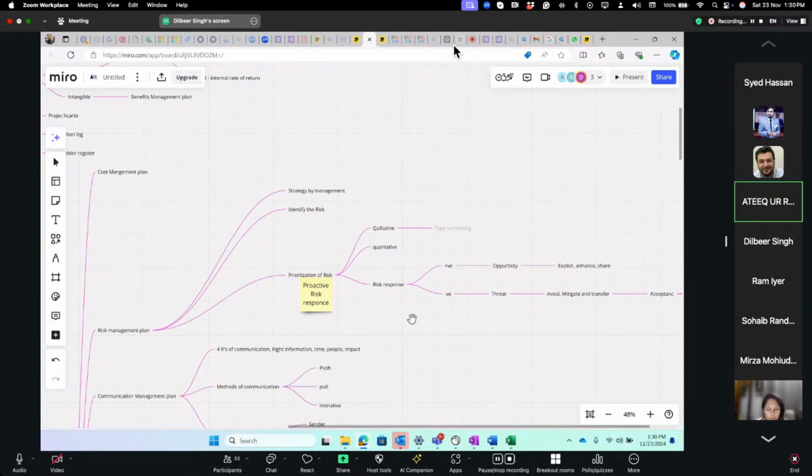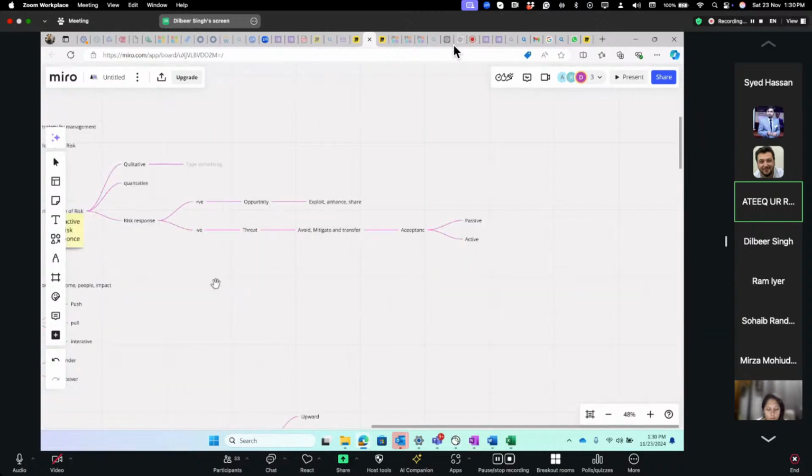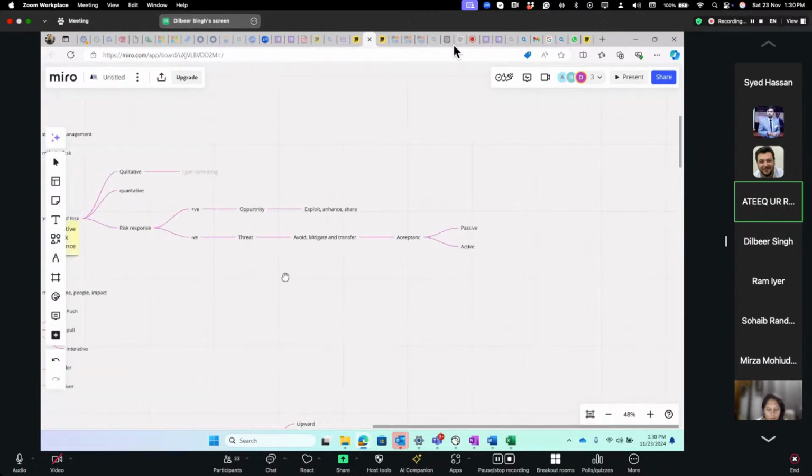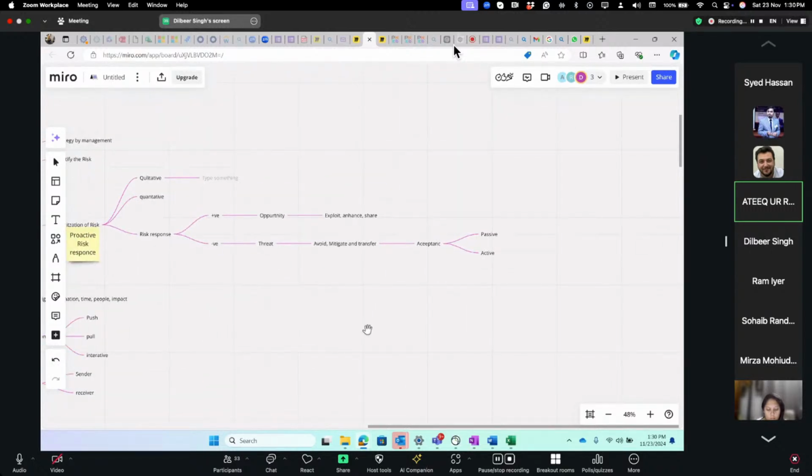In qualitative, for example, we use the formula probability into impact. In quantitative, we measure in numbers. In qualitative, we make a risk assessment matrix based on which we define which is a high risk activity, which is low risk, and medium risk.